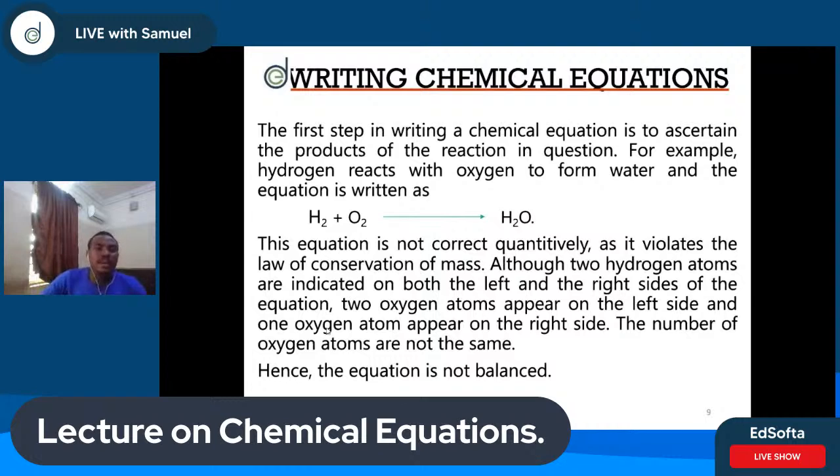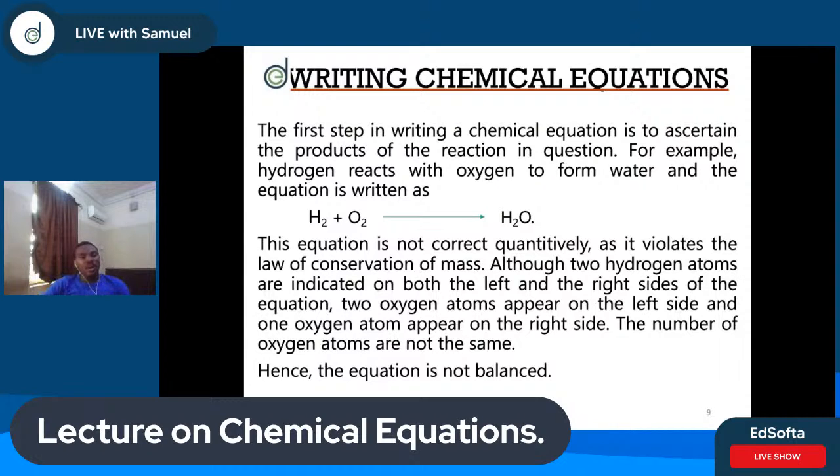Writing chemical equations. The first step in writing a chemical equation is to ascertain the product of the reaction in question. For example, hydrogen reacts with oxygen to form water, and the equation is written as H2 plus O2 gives H2O.